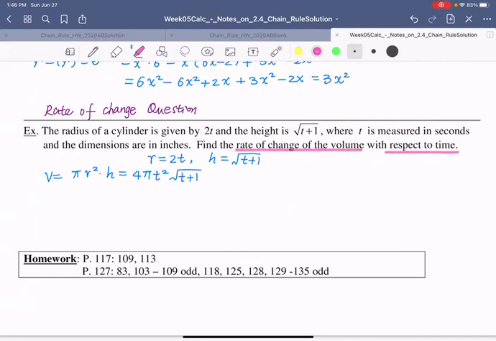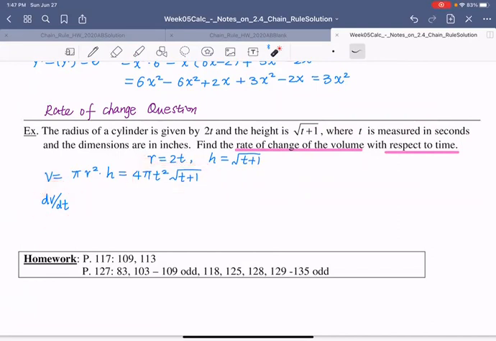Rate of change of the volume with respect to time. This is basically asking you dV over dt. So they ask you the change of your volume with respect to time. So this is dV over dt.